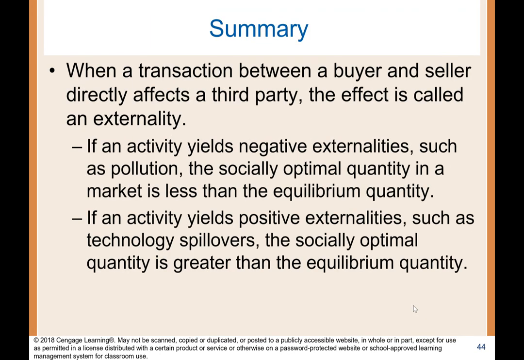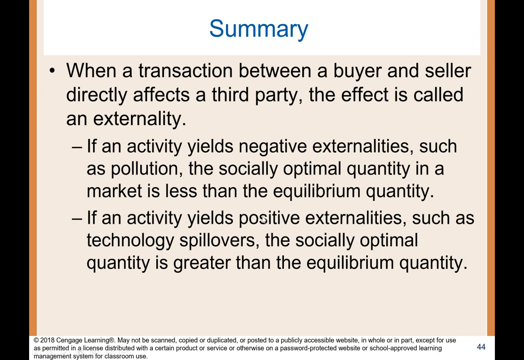Summary. When a transaction between a buyer and a seller directly affects a third party, the effect is called an externality. If an activity yields a negative externality, such as pollution, the socially optimal quantity in a market is less than the equilibrium quantity.